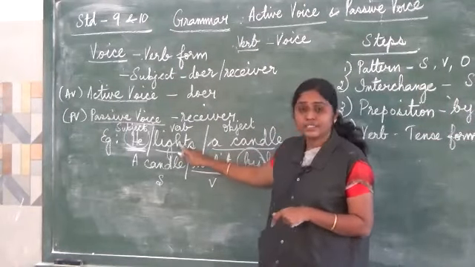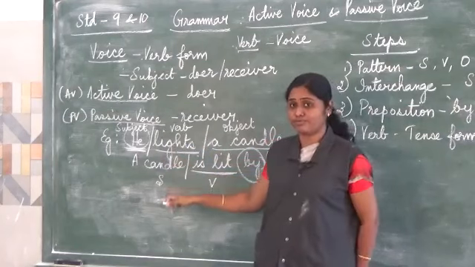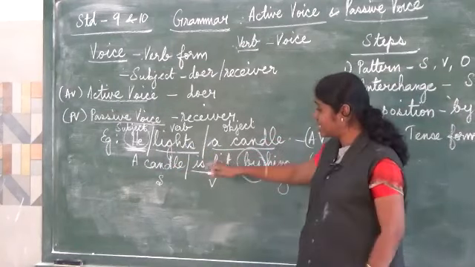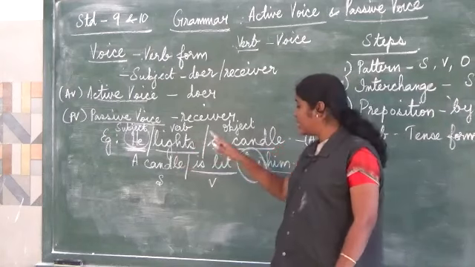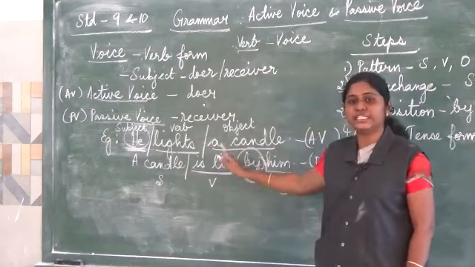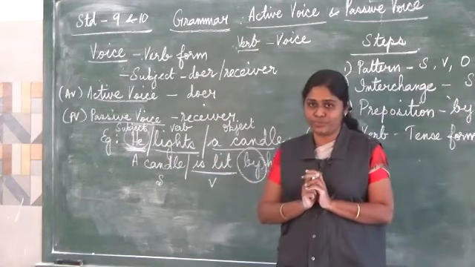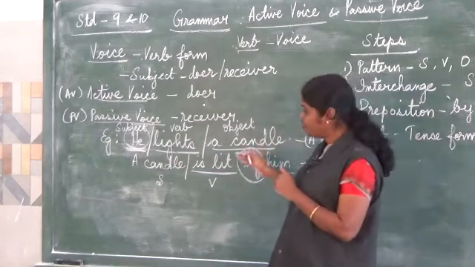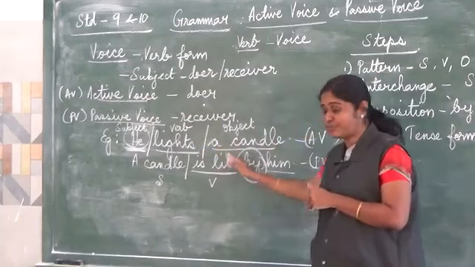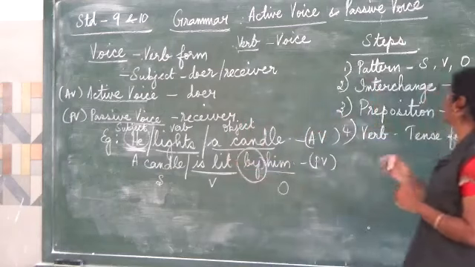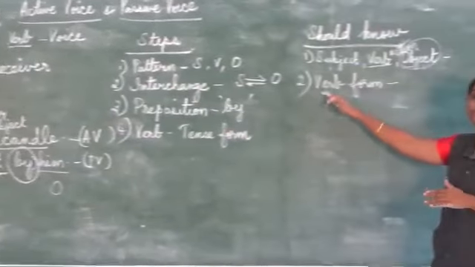So this light is in the simple present form of the verb, which we usually call the V1 form. Now this lit is in the past participle form of the verb, that is the V3 form. Only if you know the past participle form of this verb can you write the answer. For this reason, you should all know the verb forms.